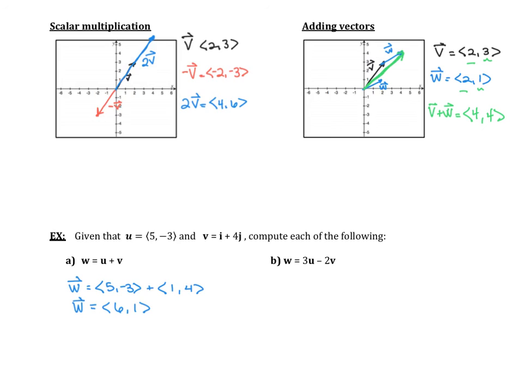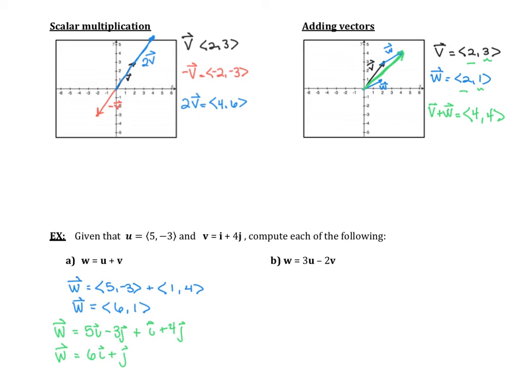Now, if you were using the IJ notation, the unit vector notation, what that will look like is 5I minus 3J plus I plus 4J. And when I combine those again, you will get 6I plus 1J, or just J. So these two notations say the same thing.